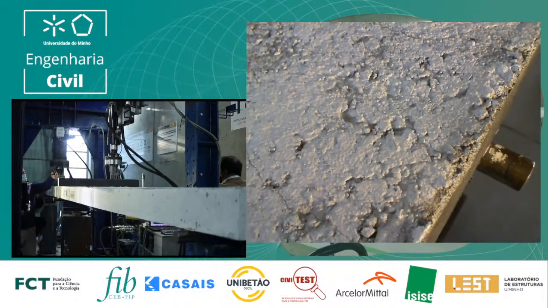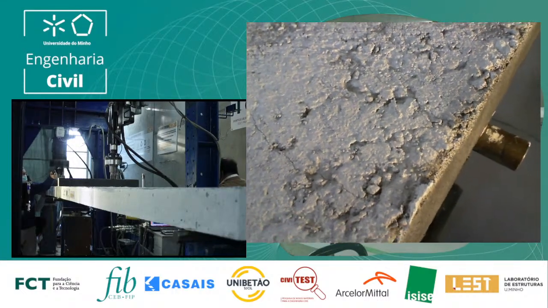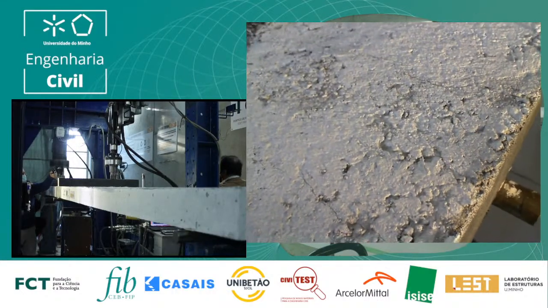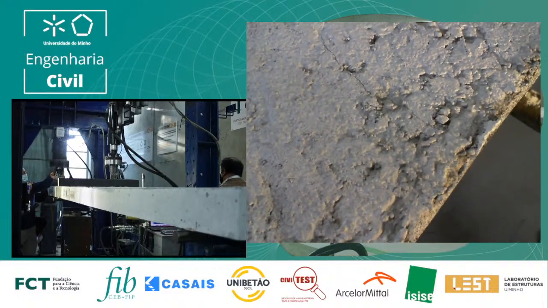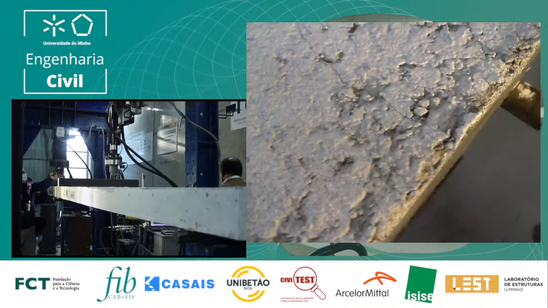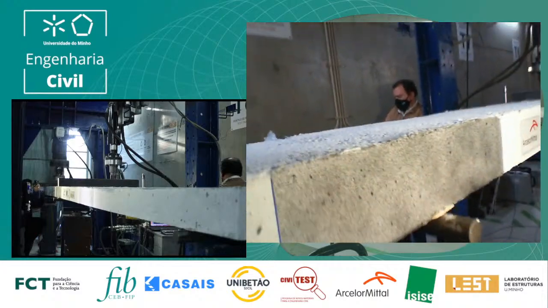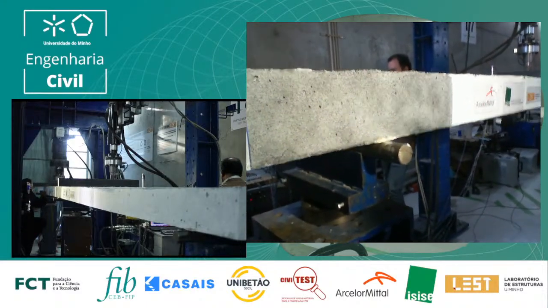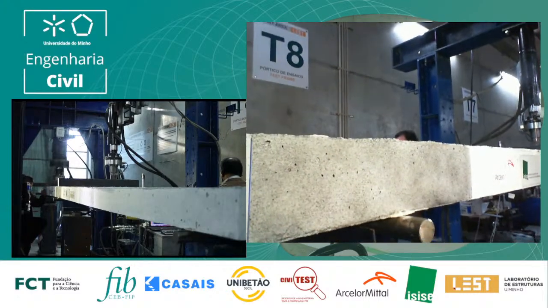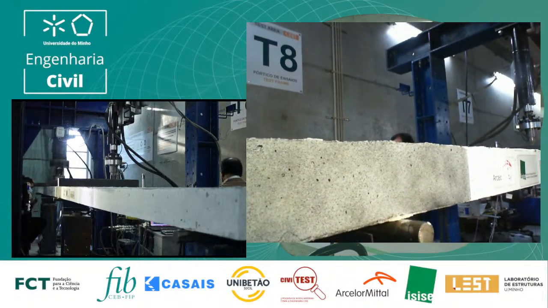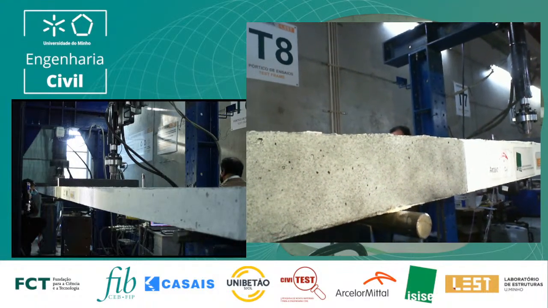Yes, but 9 millimeters of deflection and 21... 20 kilonewtons and 9 millimeters of deflection. We see another crack here. Do you see? The lateral face is painted in order to measure the crack width and the depth of the neutral axis.